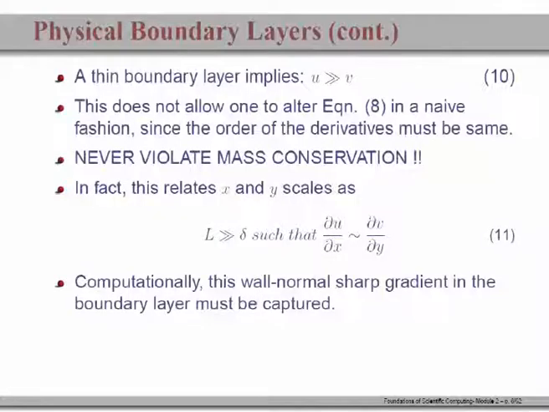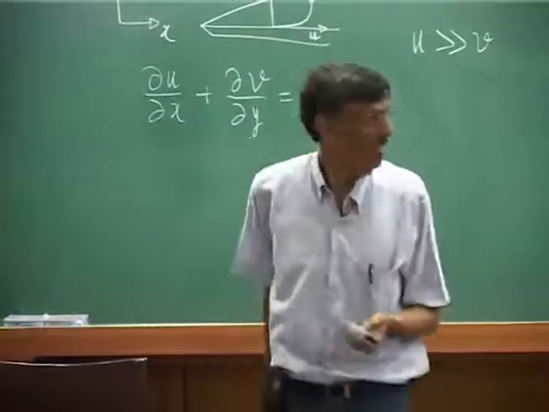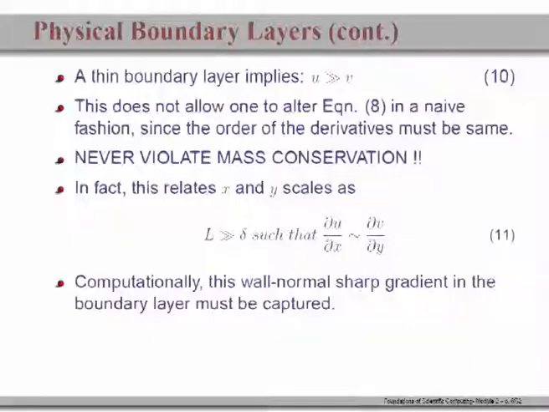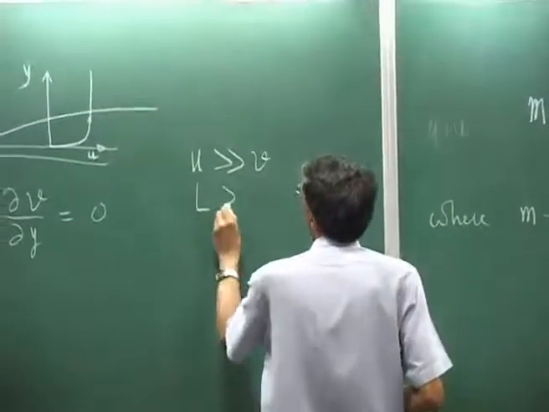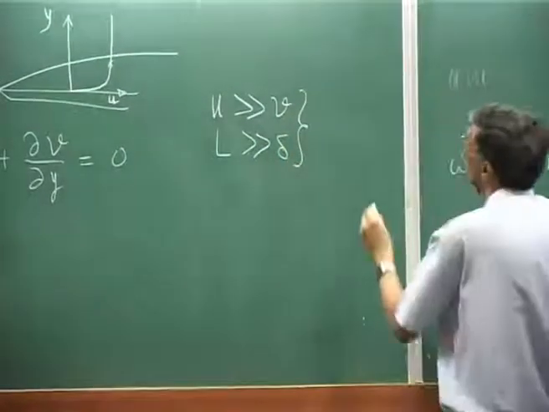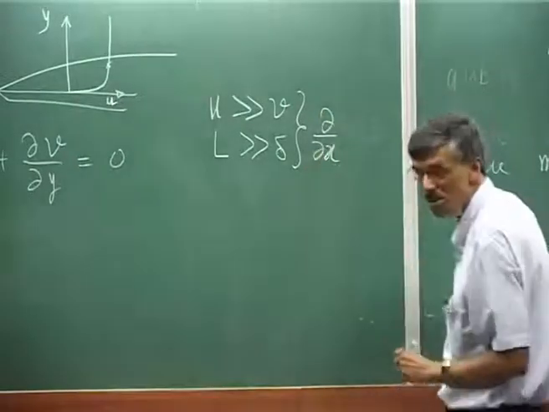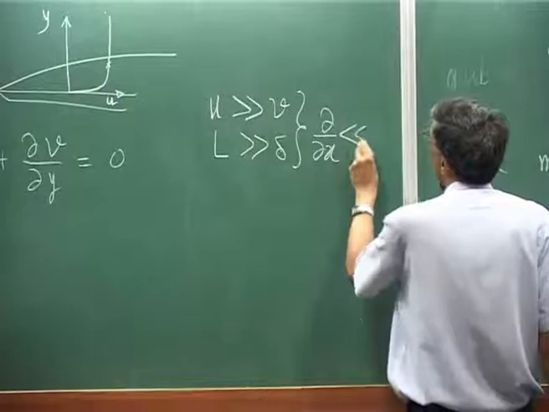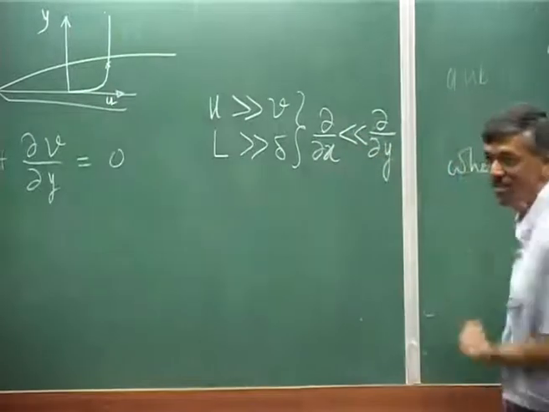Here I am warning you that this equation, which represents mass conservation, needs care. These two conditions are also synonymous with saying that any streamwise gradient, del del x, is much smaller than the wall normal gradient.